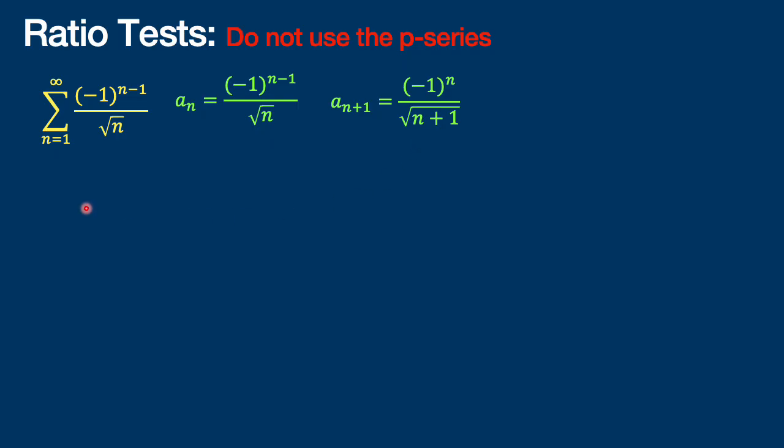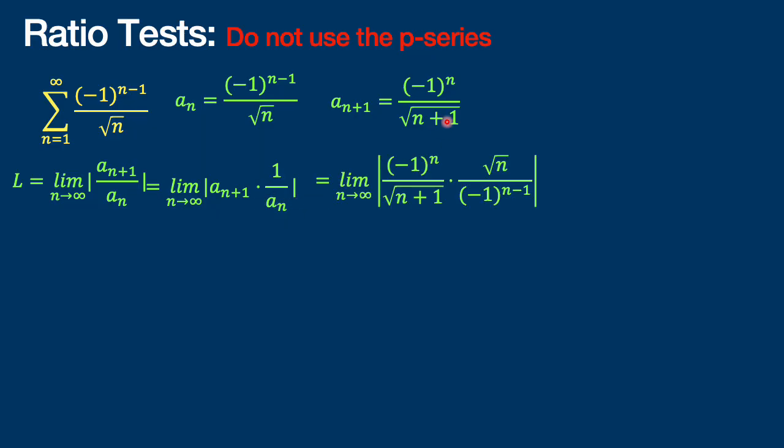Let's find the ratio and take the limit: a_(n+1) over a_n, which is a_(n+1) times 1 over a_n. So a_(n+1) is (-1)^n over square root of n+1, and 1 over a_n is the reciprocal of a_n, square root of n over (-1)^(n-1).